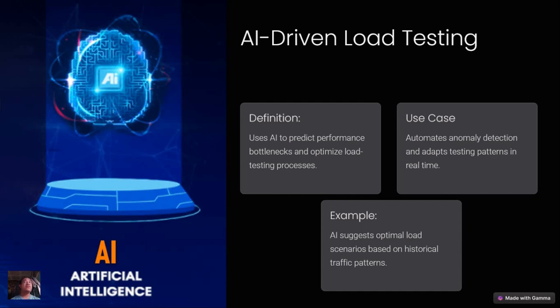Meaning, AI-driven load testing enhances traditional load testing by using machine learning algorithms and automation to identify performance issues, optimize test scenarios, and predict system bottlenecks. It automates the process of analyzing large datasets, finding anomalies, and recommending improvements, making load testing more intelligent and adaptable.